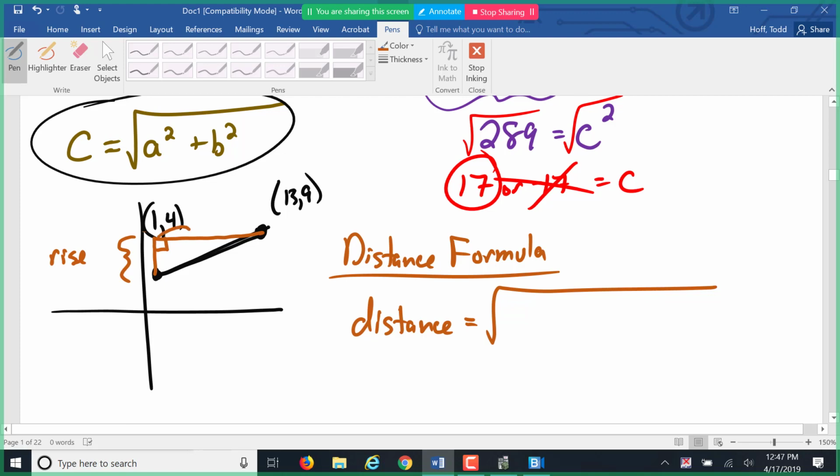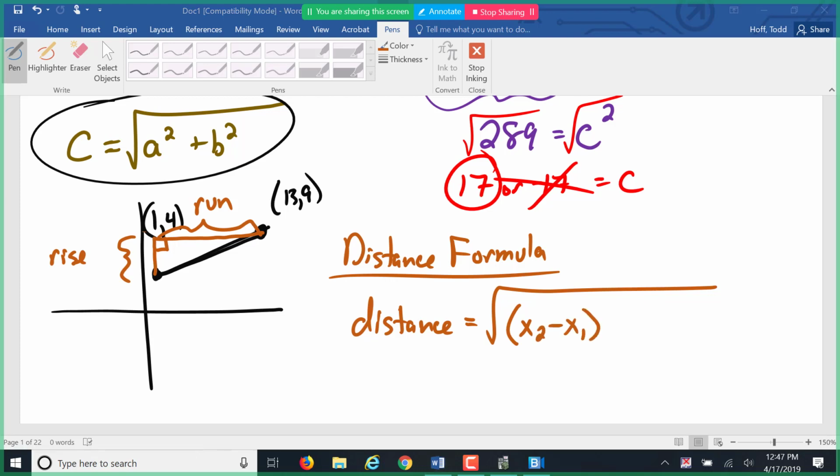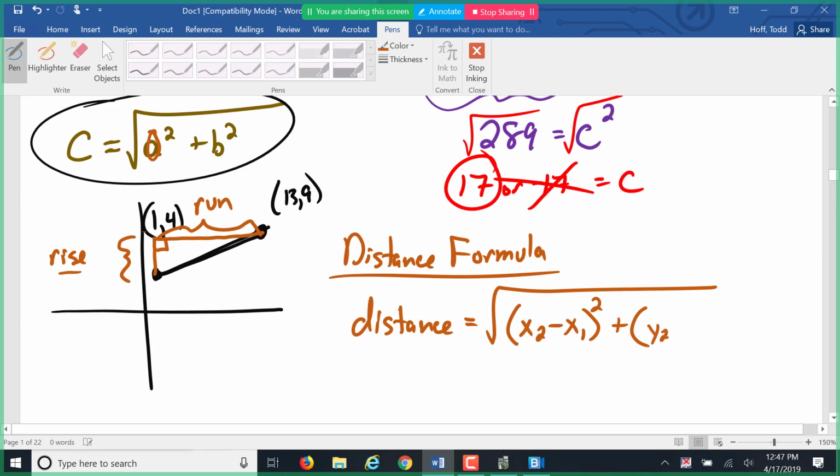And this side up here of our right triangle is just the run from our slope formula. So the run, remember, was x2 minus x1. That's going to be side A. We'll square it. Plus side B is going to be the rise. That's y2 minus y1. And we square it.